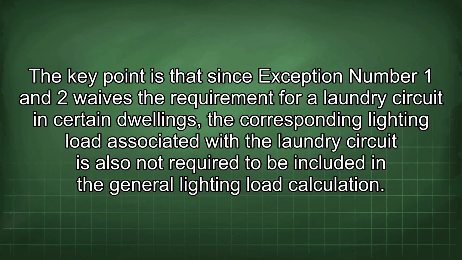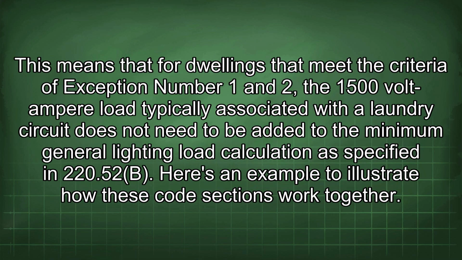The key point is that since exception number 1 and 2 waives the requirement for a laundry circuit in certain dwellings, the corresponding lighting load associated with the laundry circuit is also not required to be included in the general lighting load calculation. This means that for dwellings that meet the criteria of exception number 1 and 2, the 1500-volt ampere load typically associated with a laundry circuit does not need to be added to the minimum general lighting load calculation as specified in 220.52(B).